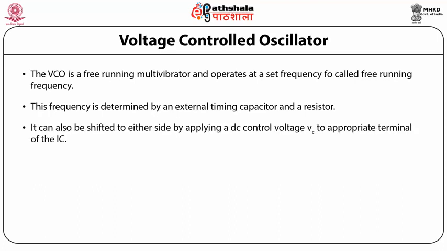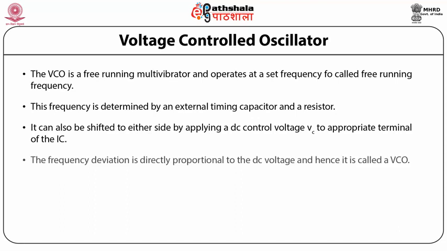It can also be shifted to either side by applying a DC control voltage Vc to the appropriate terminal of the IC. The frequency deviation is directly proportional to the DC voltage and hence it is called a VCO.